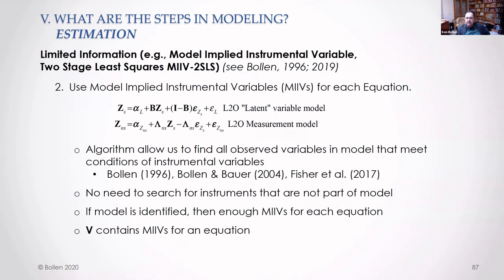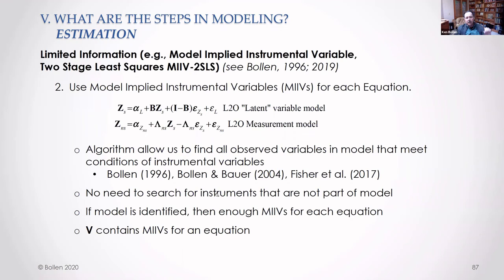The approach that I'm discussing here, this model implied instrumental variable, looks among the observed variables already in your system, and it determines which variables in my system I could already use as instruments, because according to my model, they do not correlate with the error for that particular equation. So again, that's why they're called model implied instrumental variables.